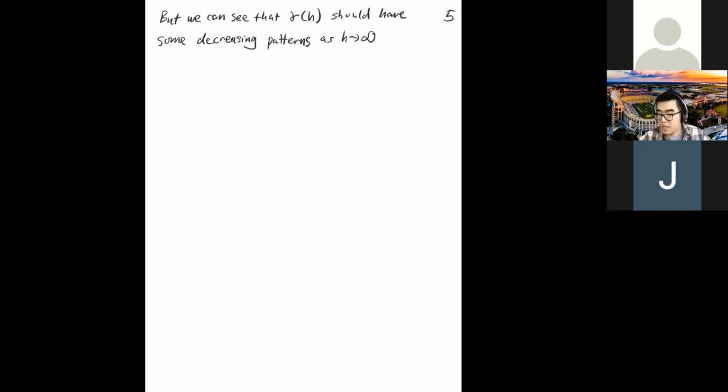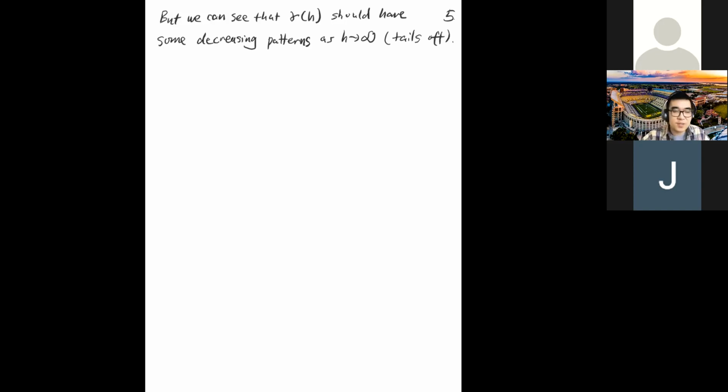We would expect that the autocovariance function would have a decreasing pattern, decreasing to 0 as the number of lags increases, as h increases. This is sometimes also called tailing off.